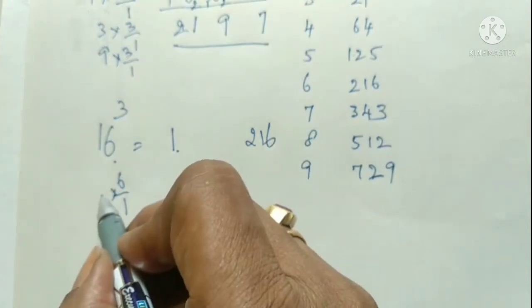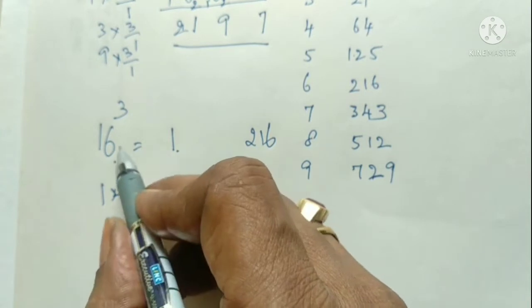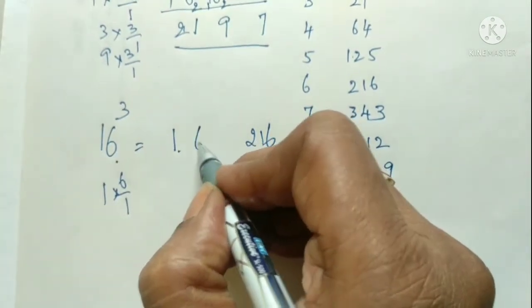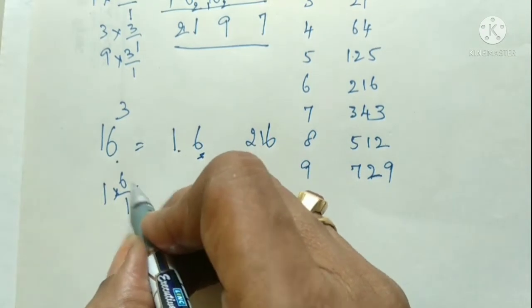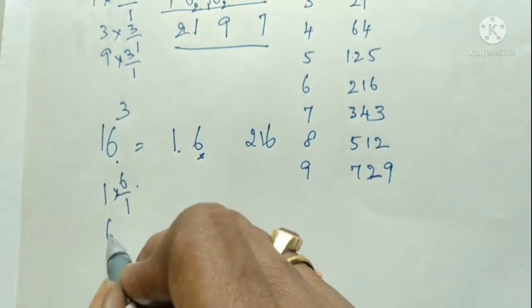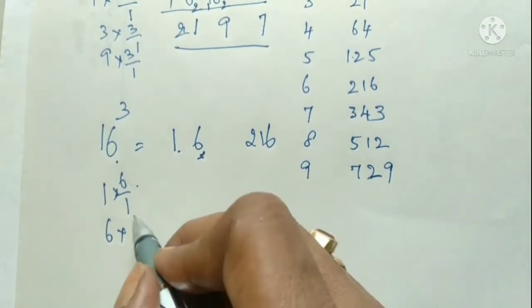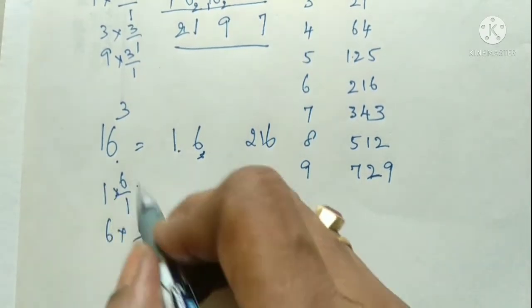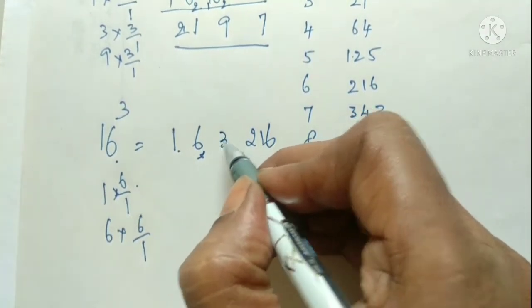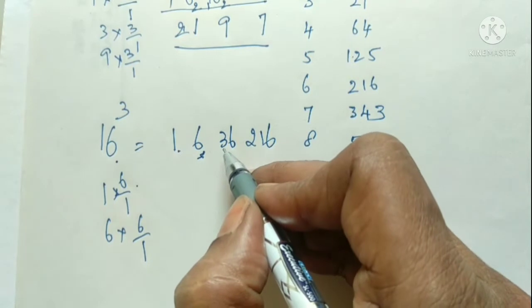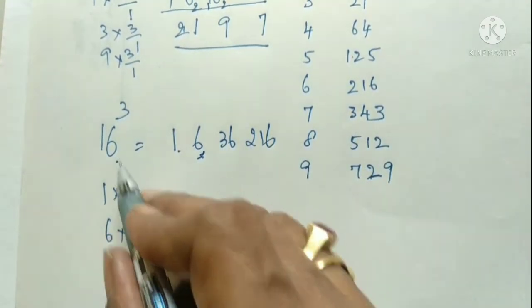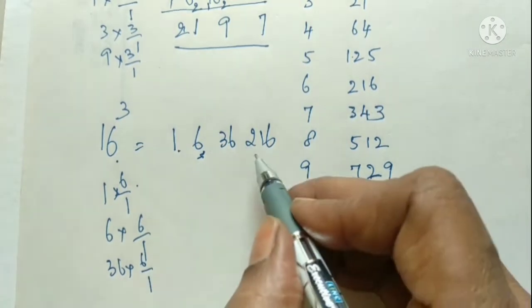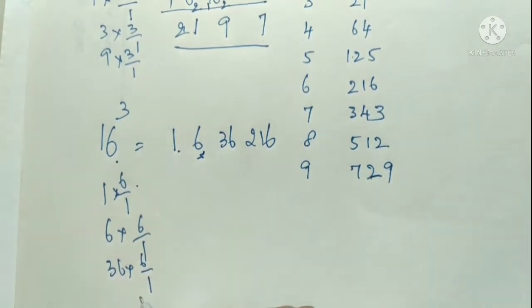This one needs to be multiplied by 6 divided by 1. 1 times 6 is 6. And this 6 is again multiplied by 6 by 1. 6 times 6 is 36. Now this 36, if you multiply by 6 by 1, then we have to get this 216.